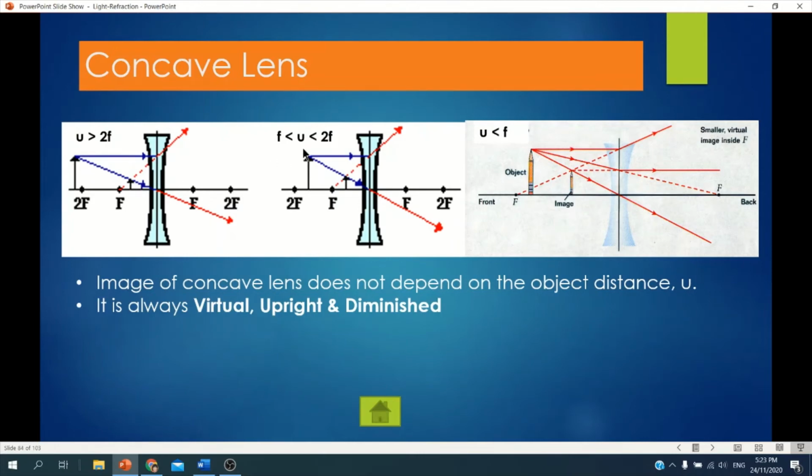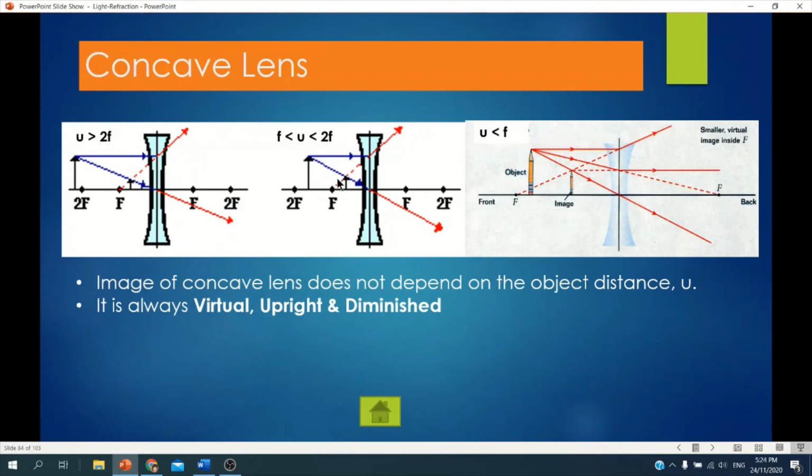Now the second case, if I were to bring the object nearer to the lens, I place it between F and 2F. So now U is more than F and less than 2F. Same way, I draw ray P, diverge, ray O, go straight through, intersection of the two refracted rays here.